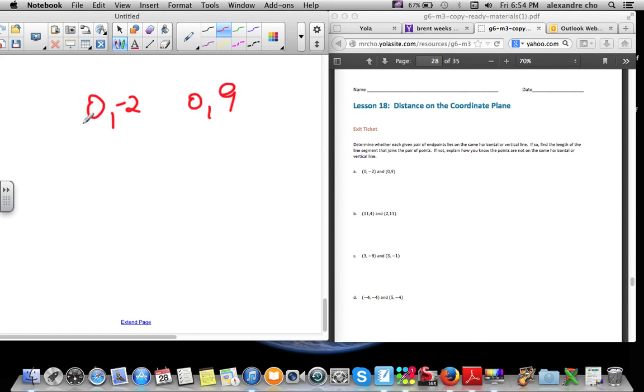I know, without graphing, that they're both here. How far is this from each other? It's 0 spaces away from each other. No, I'm sorry. What am I talking about? They are 11 spaces away from each other. And I'll show you how.